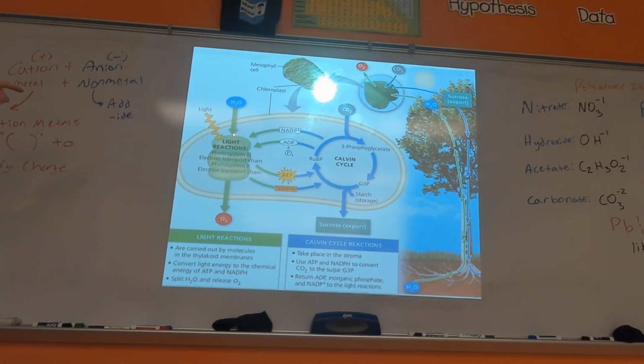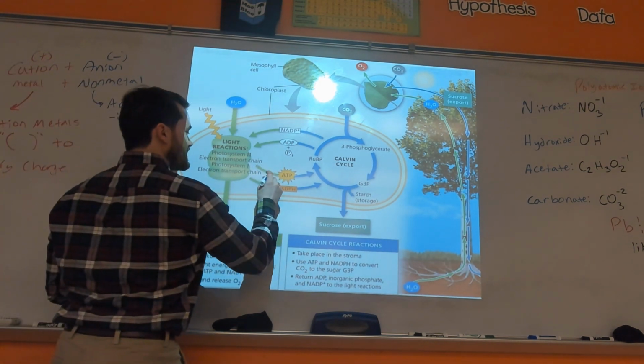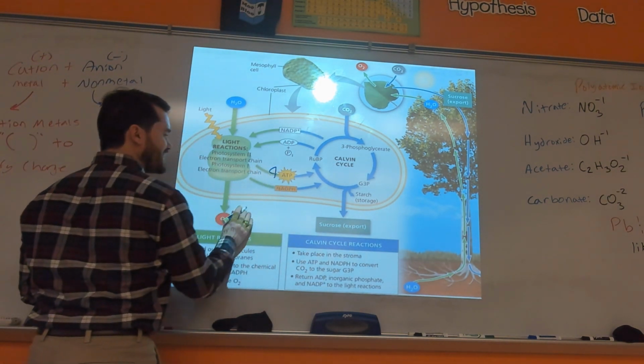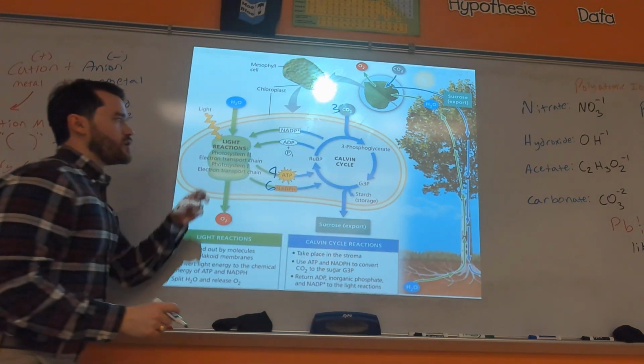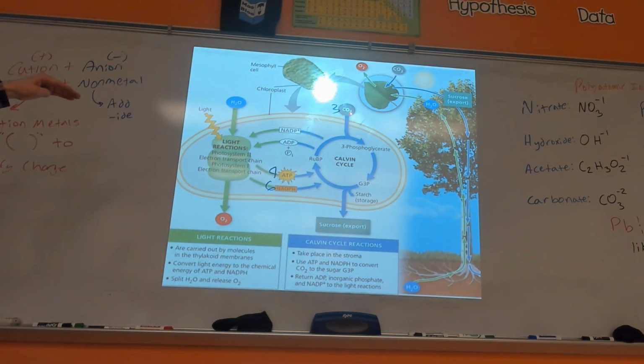In the light reaction, you have photosystem 2 first, then an electron transport chain, photosystem 1, and an electron transport chain. The purpose of all of that was to make ATP and NADPH, and we need 9 ATP, 6 NADPH, and 3 CO2 to feed into the Calvin cycle.